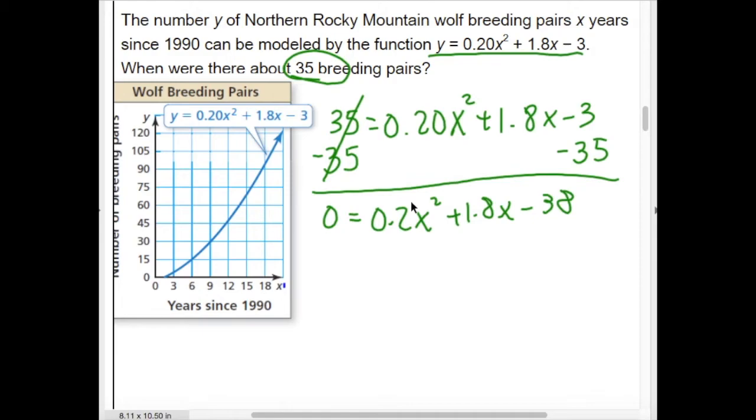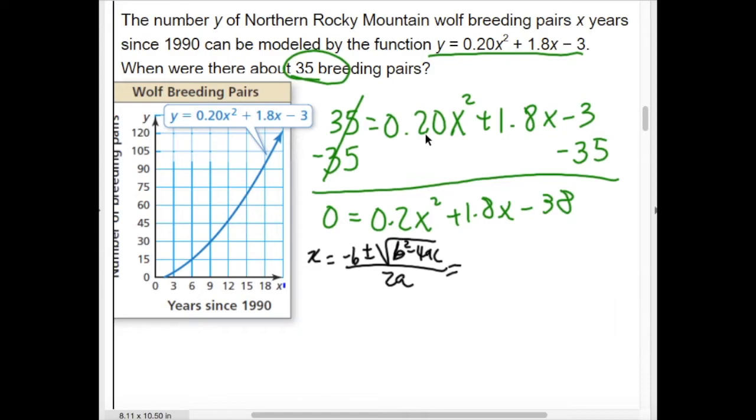Yes, this equation has a lot of decimals, so you're going to have to use the quadratic formula because the numbers are a little more complicated for other methods. So I'm going to rewrite my quadratic formula. And there it is. All I need to do is plug in the correct values and do the math correctly.